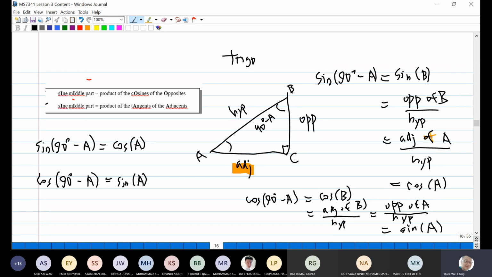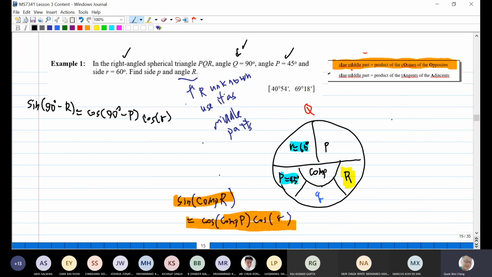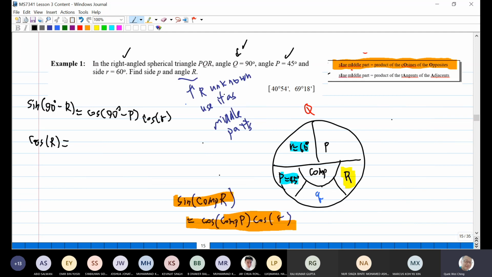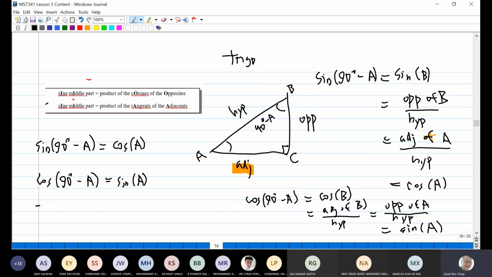So going back, sine of 90 minus R is cosine of R. Cosine of 90 minus P is sine of P. Then cosine of R. So I'm using this formula to simplify using the right-angle triangle.